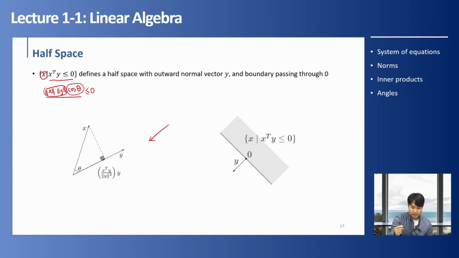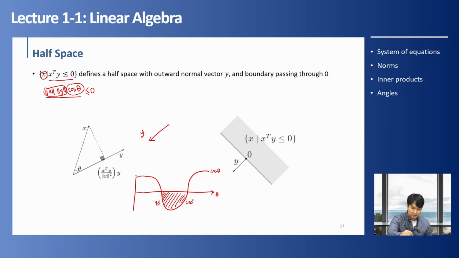So assume we have an arbitrary vector y, and let's redraw the plot for the cosine. Now the region where cosine theta is negative corresponds to this region, which is where theta is between 90 degrees and 270 degrees.